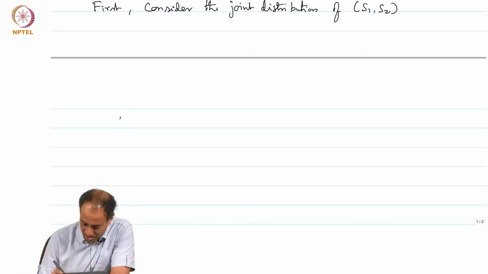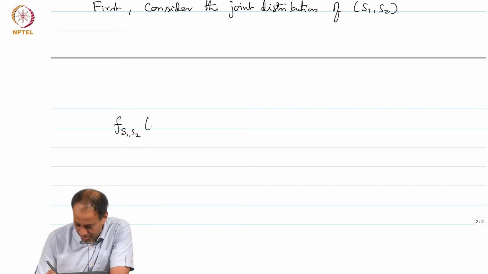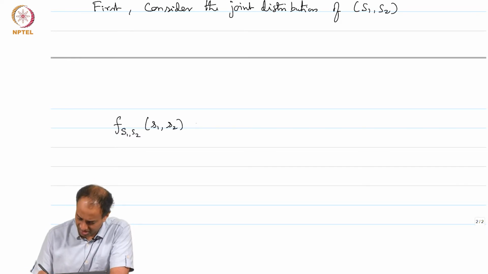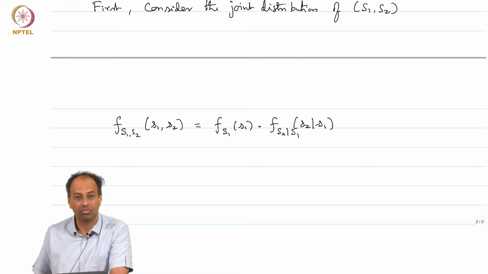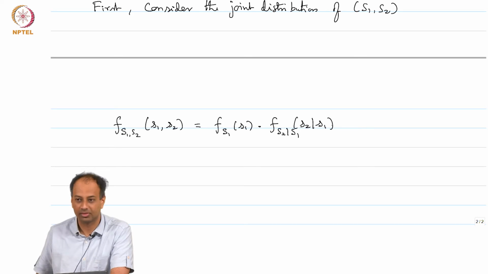So, what is f of big S1, big S2 of little s1, little s2? Using the definition of conditional densities, you can write this as fS1 of s1 times the conditional density of S2 given S1.